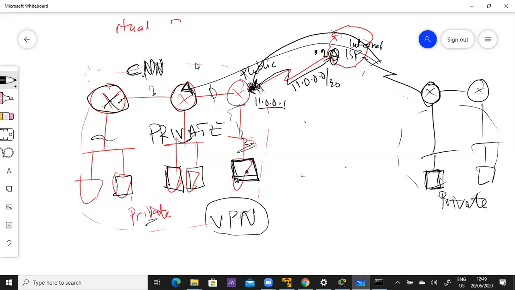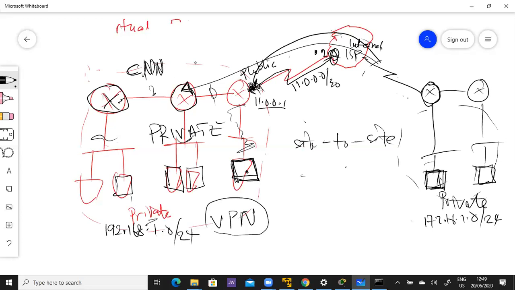So supposing this network is 192.168.1.0/24, and over here you have 172.16.1.0/24. They are both private IP addresses. The only means by which you can make them communicate is to configure site-to-site VPN.